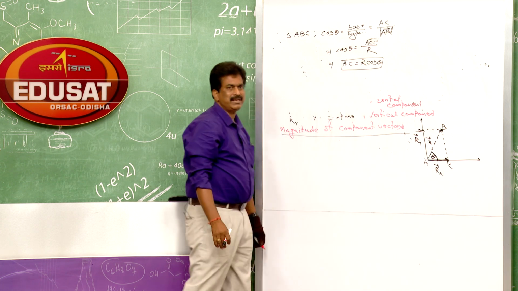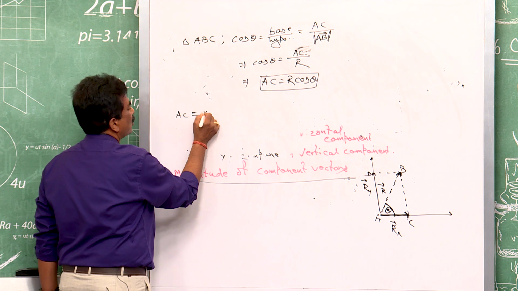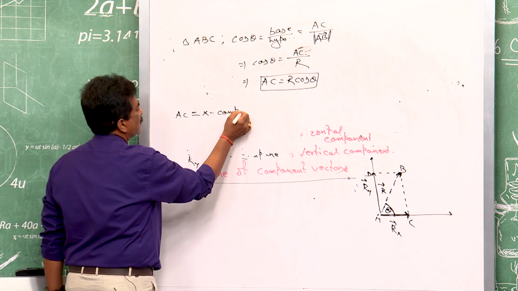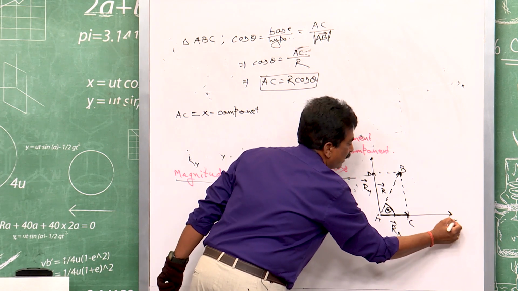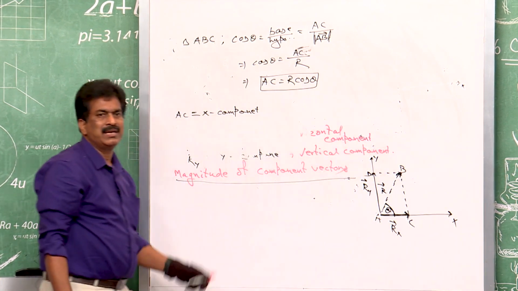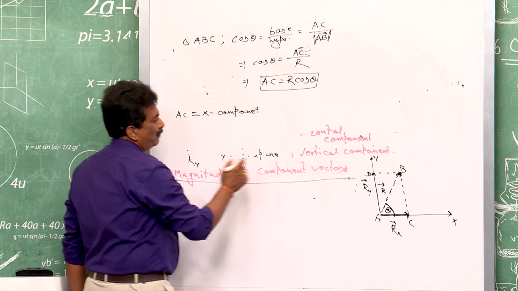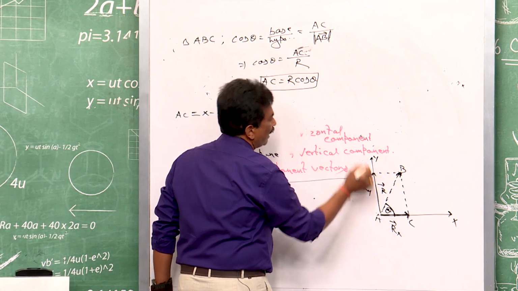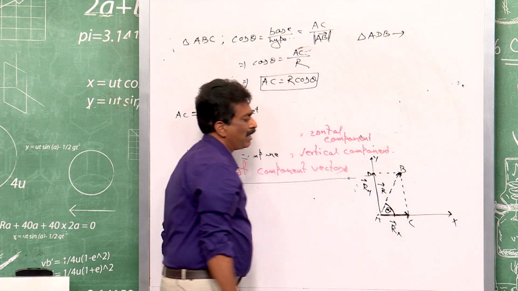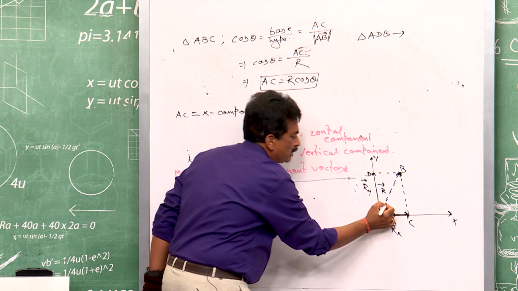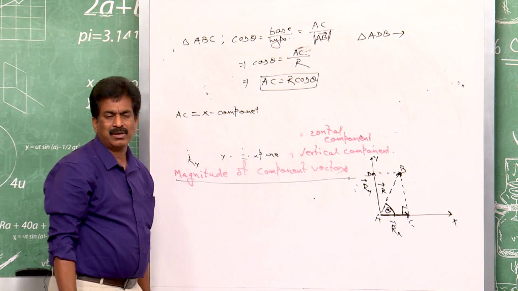So, that AC which I have written earlier, AC is its x component, because that is along the x axis. Along the y axis, we have to find what will be the y component. So now, if we go for the triangle ADB, in the triangle ADB, you see this is theta and this is the perpendicular, means that is equal to 90.